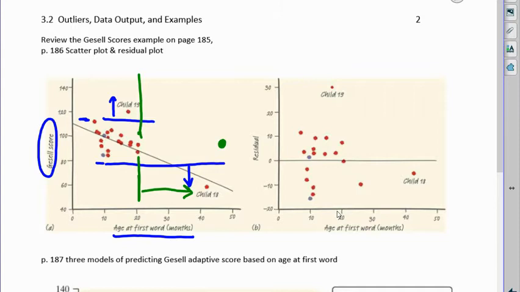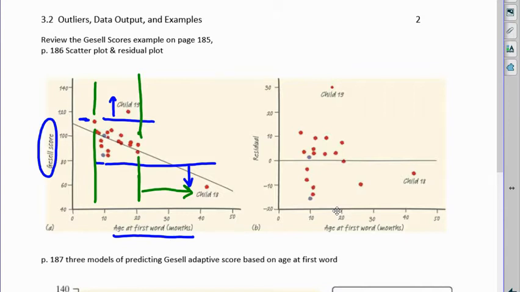That child would not be considered a y outlier because that child is within the y values, but that child would be considered an x outlier because that child is well outside of the green window of x values for the regular data. So I'm going to remove that person though because it doesn't really exist. All right, so that's basically how you use your judgment on if they're an outlier.